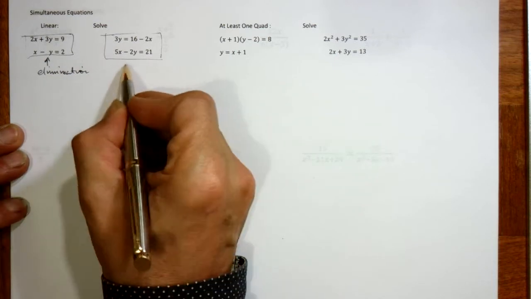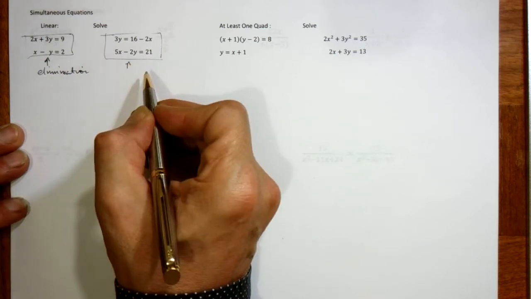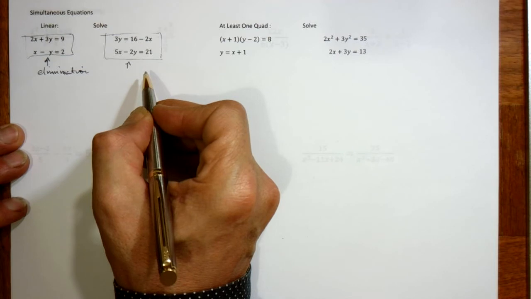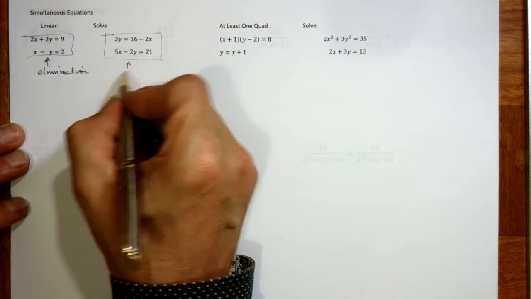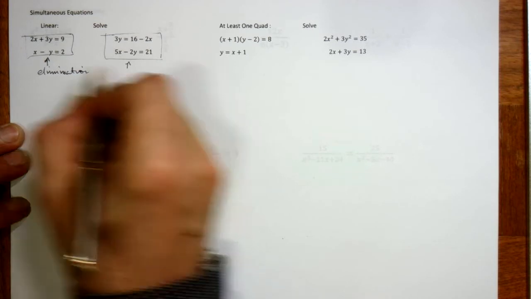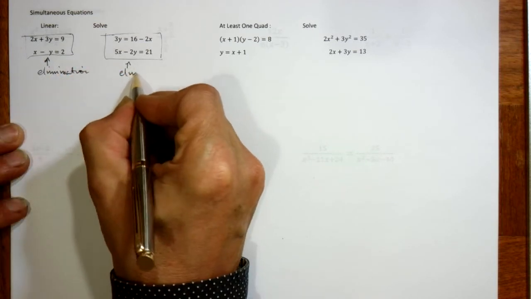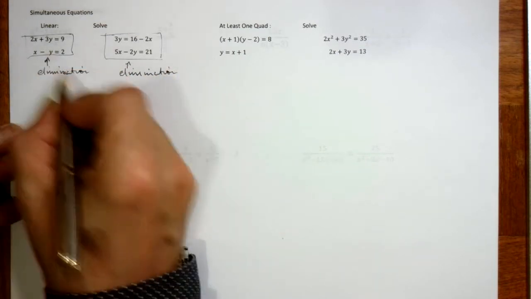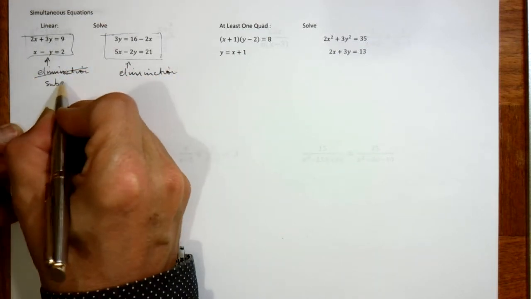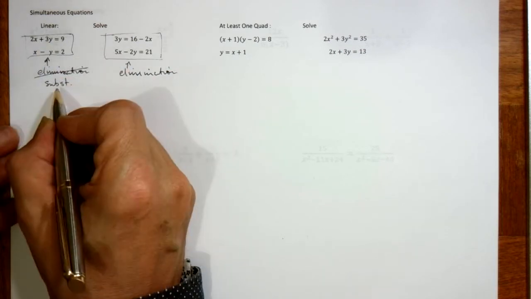And this one here lends itself to elimination as well, actually. Yeah, we'll do that one by elimination after rearranging, and we'll do this one by substitution. Okay, so we'll do this one first.